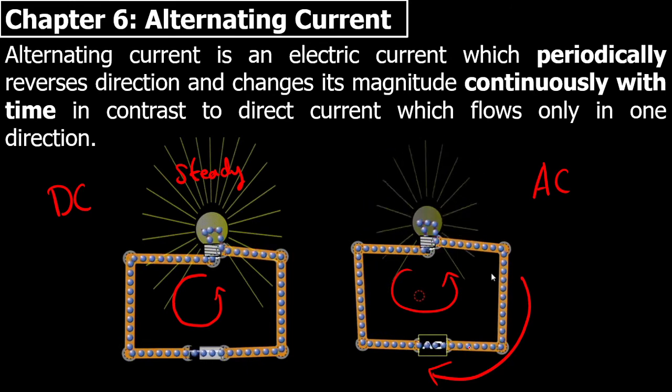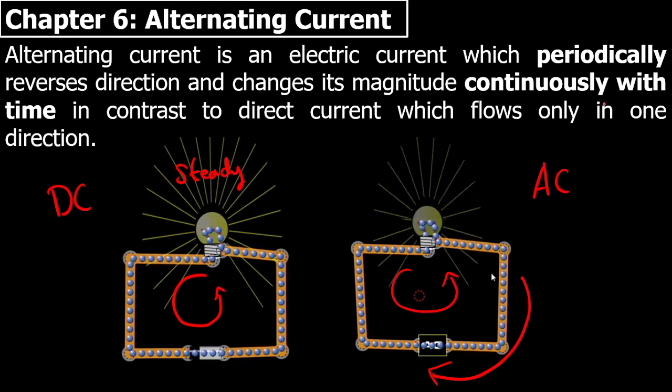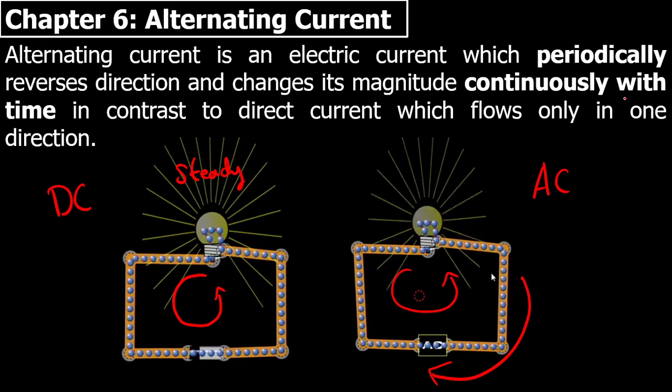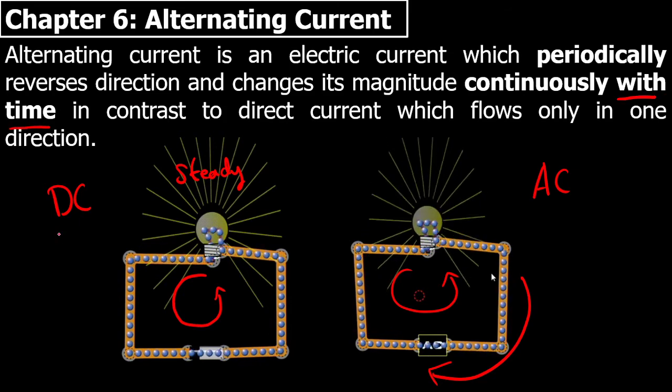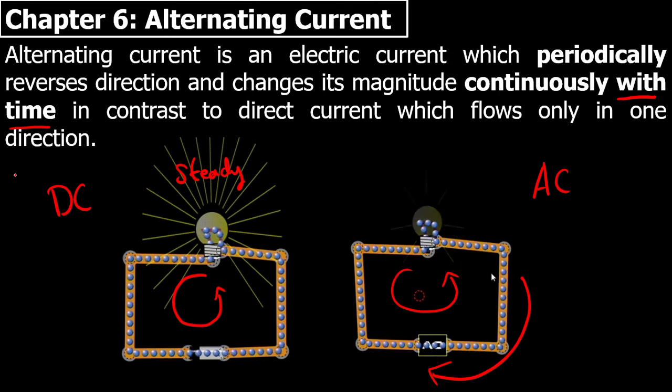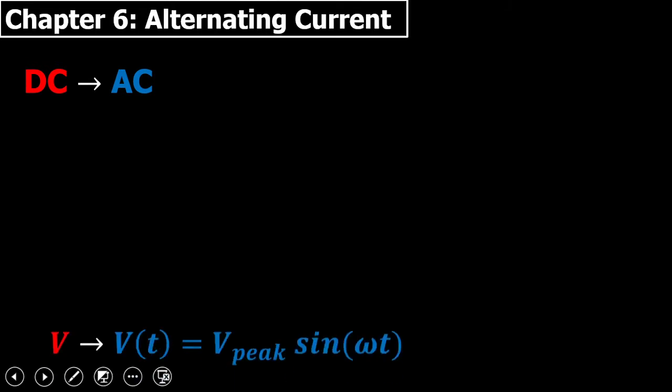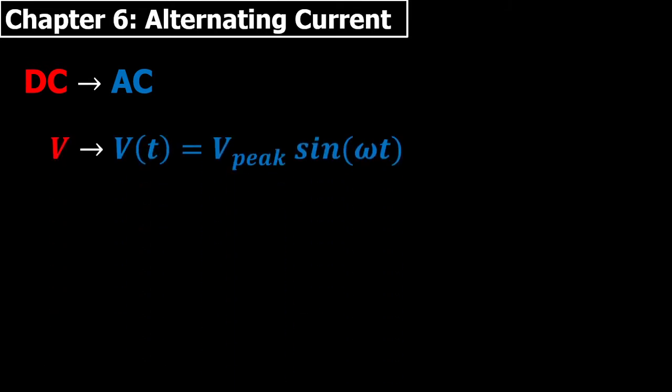The first thing you need to realize is that the directional change and the magnitude change happen with time, so it has to be a function of time. Moving from DC to AC, you need to introduce voltage as a function of time. Same for current.